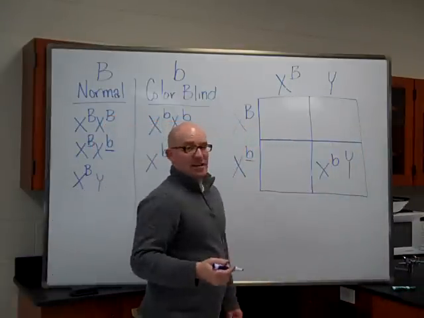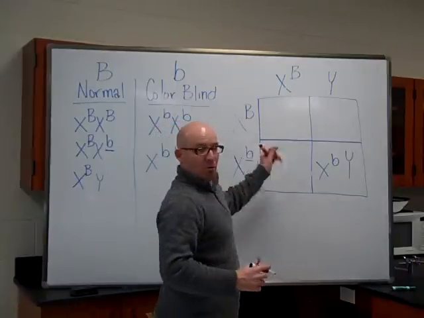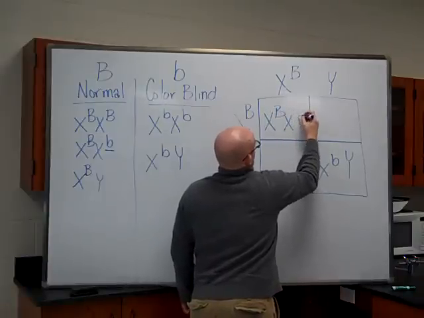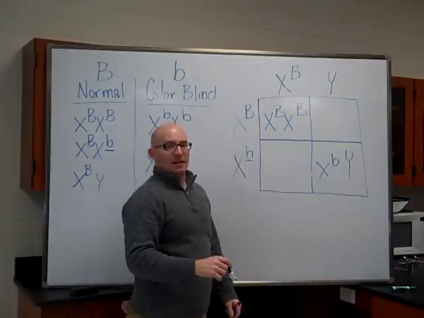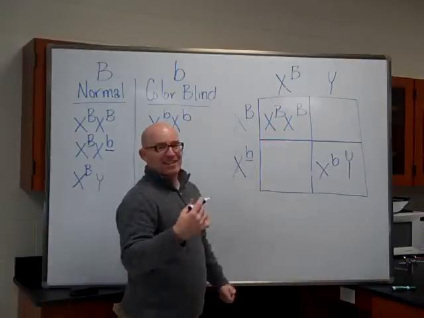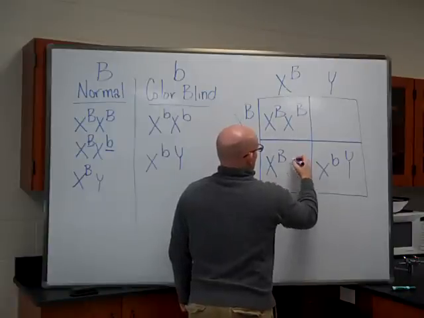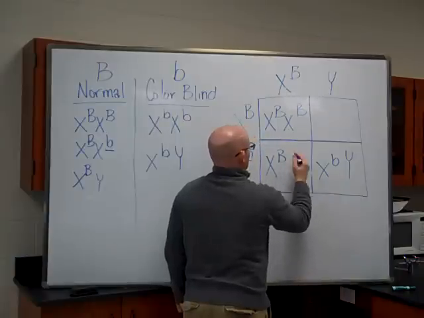Well, it changes things by saying, in this case, if dad is normal and mom is normal, well, in this case, the first probable daughter in the Punnett square would be X big B X big B, unaffected, not a carrier. The second daughter would be X big B, X little b.